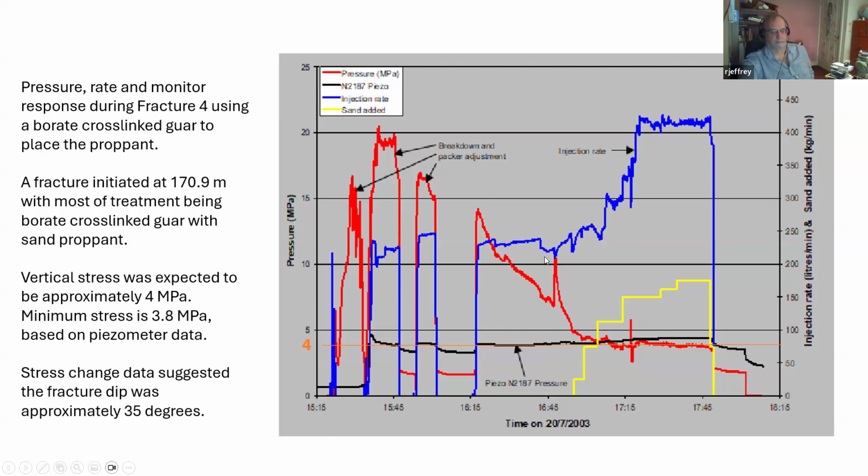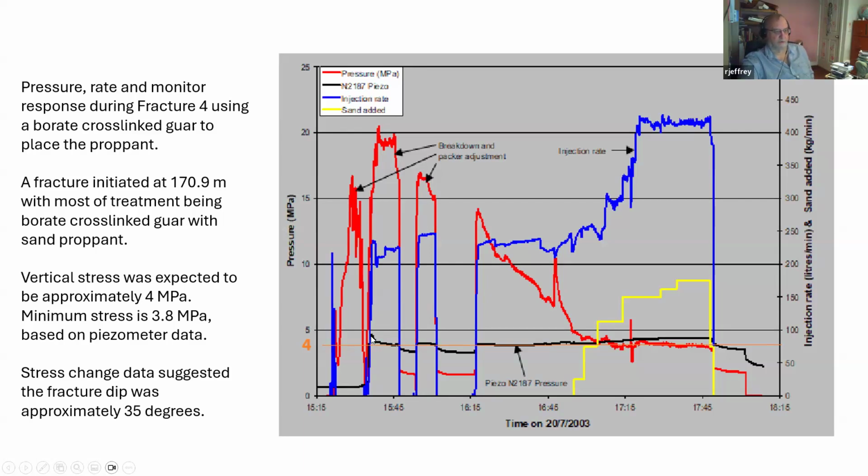Luckily, we did see a somewhat rapid decrease, but when you're out there pumping for 15 minutes with no change, this later decrease isn't obvious that it's going to happen. But we did record pressure in the offset well, which was located 1.6 meters away, maybe 2 meters at depth.